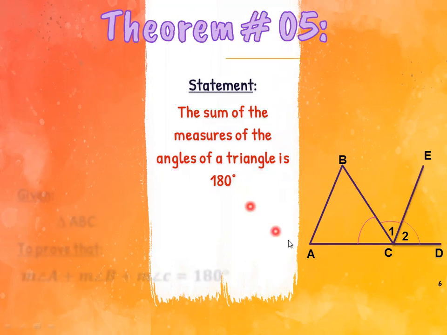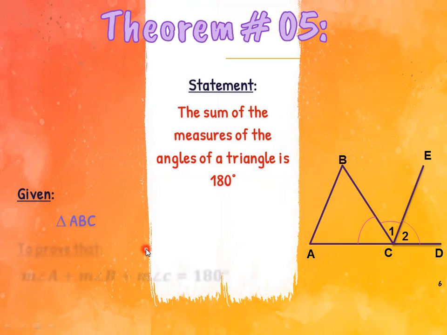Okay, now for your theorem number 5, this is your figure. Here you have a triangle ABC, and these are basically the construction that I am going to explain in the upcoming slide. This is the figure of theorem number 5, but I'm going to explain this figure in the next slide. But before that you should know what is given to you. You have been given the triangle ABC.